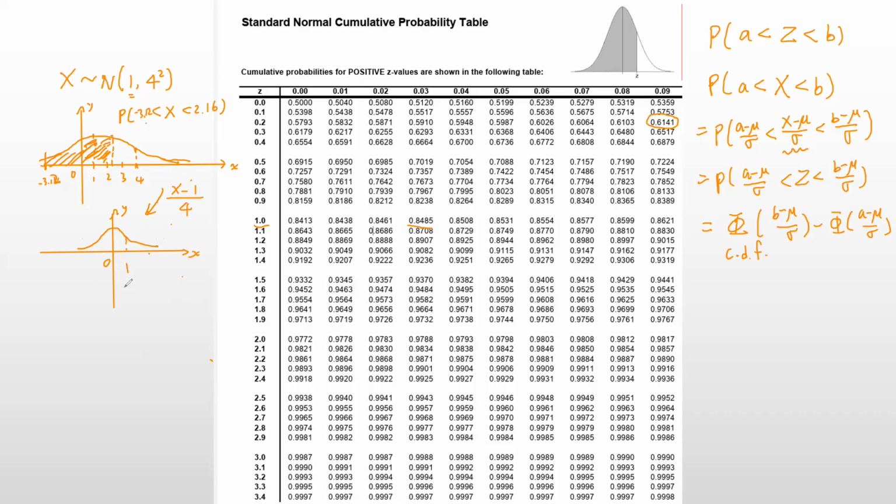Negative 4.12 over 4 is negative 1.03, somewhere here. And 2.16 minus 1 over 4, which is 1.16 over 4, equals 0.29, somewhere here.